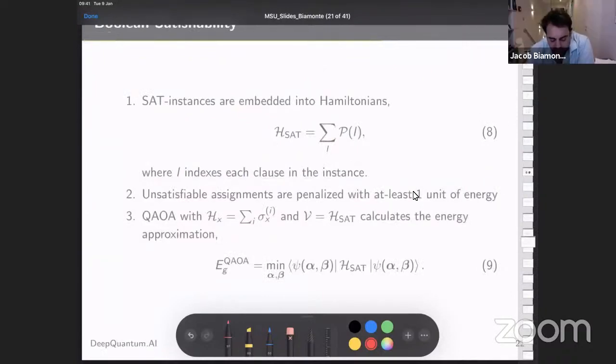SAT instances are embedded into Hamiltonians. So, as I mentioned, I can make a sum over projectors, and I can embed this into an Ising-like model. 3-SAT, 2-SAT. The decision version of 3-SAT is NP-complete. The decision version of 2-SAT is in P. Horn-SAT is P-complete.